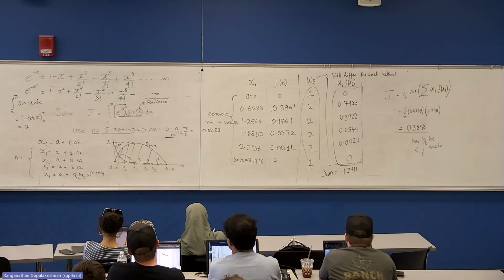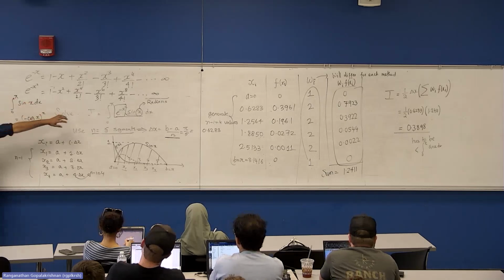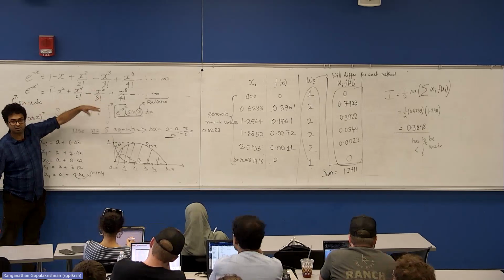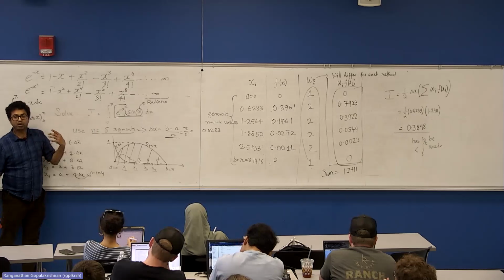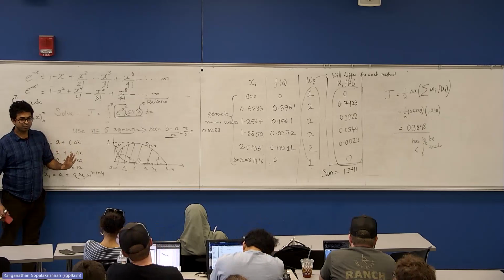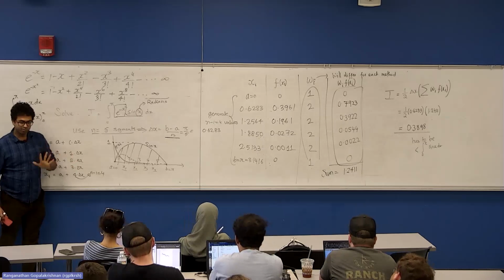With me so far? I know of a numerical method to integrate this. I got the answer. Now I'm trying to see what I can do to verify that answer. With me so far? Yeah. Okay.